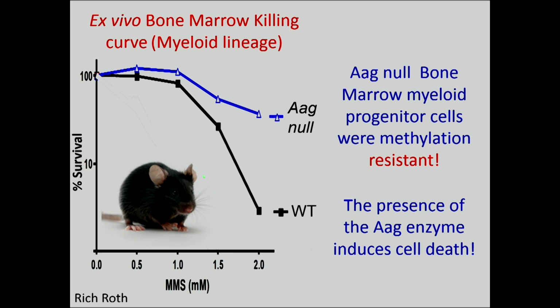And we were astonished to find that the absence of repair actually made the bone marrow myeloid cells resistant to alkylation. Another way to put that is that Aag, by its presence, is driving cell death in those myeloid cells during conditions that one might experience during chemotherapy.